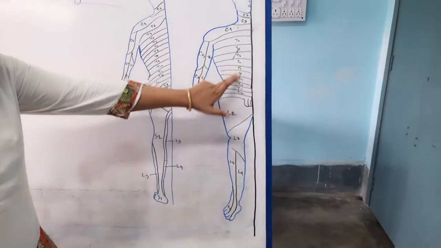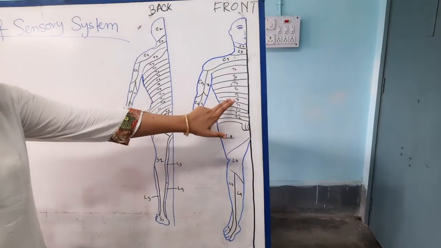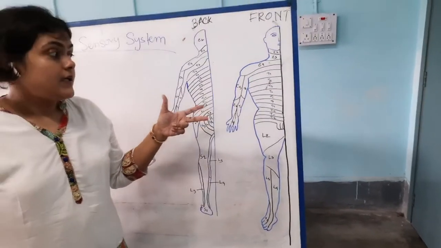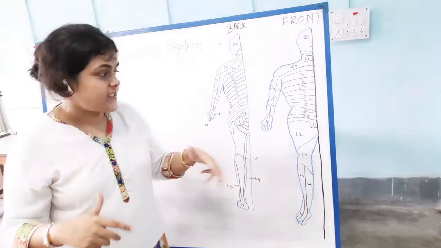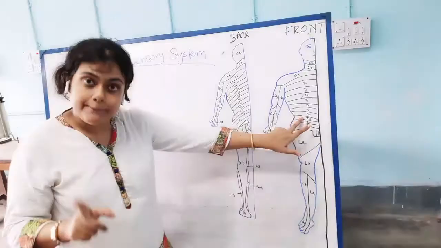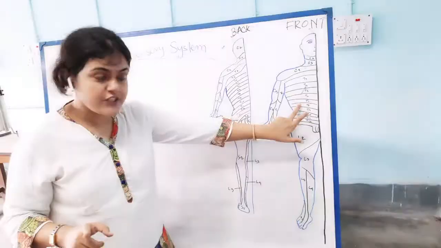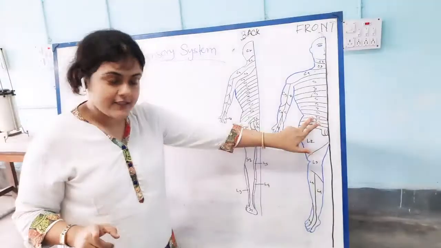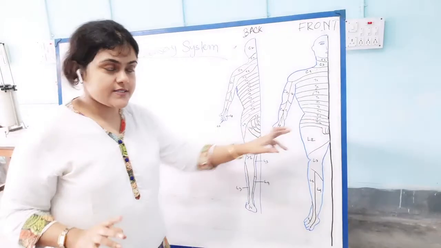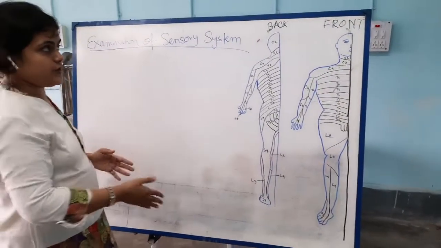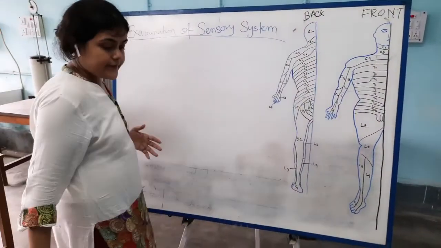Okay. Now we are frequently asked about T8, T10 and T12. T8 corresponds with the lower rib margin, whereas T10 umbilicus, okay, and T12 pubis. So T8 rib margin, T10 umbilicus and T12 pubis. So that is the dermatomal distribution from front and from back.